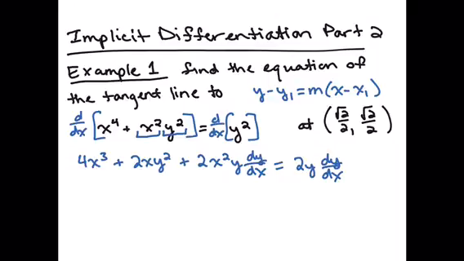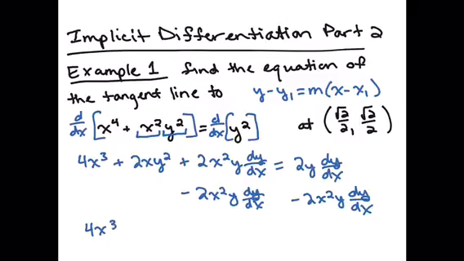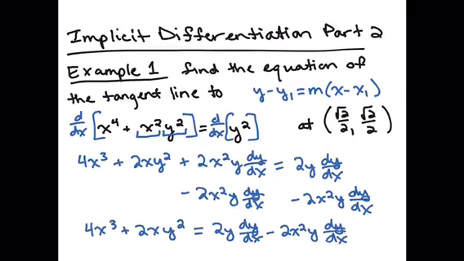So now I want to get my dy/dx terms on one side of the equal sign, so I'm going to subtract 2x squared y dy/dx from both sides, and that will give me 4x cubed plus 2xy squared on the left and 2y dy/dx minus 2x squared y dy/dx on the right.